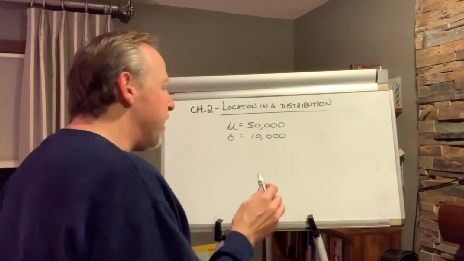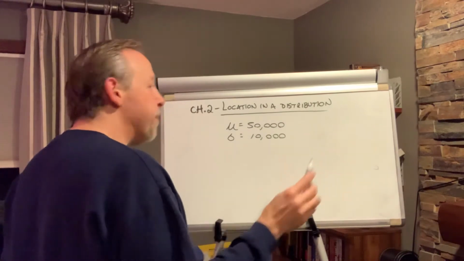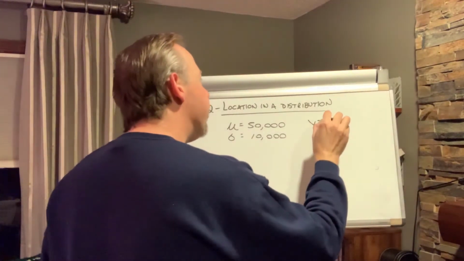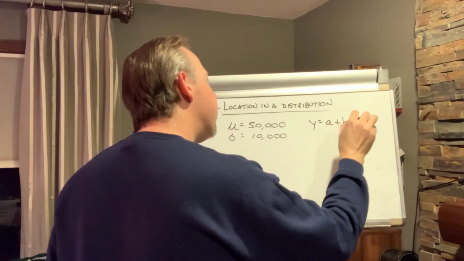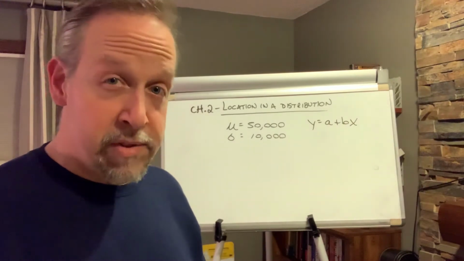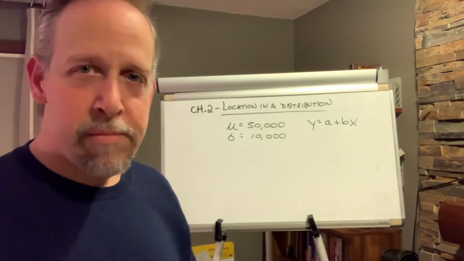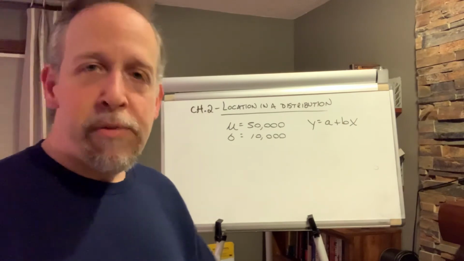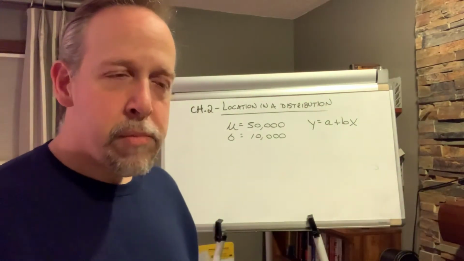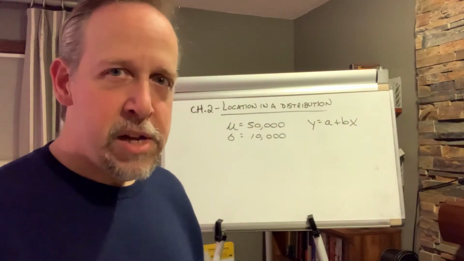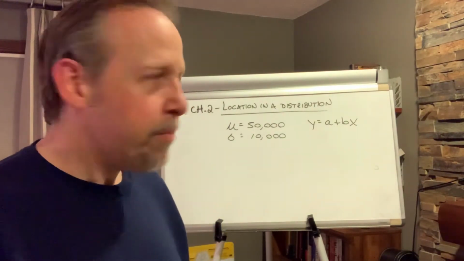So let's say on a given year, we're just getting a bonus. It's a flat increase. Now, if I have y equals a plus bx, and I'm giving a flat increase, which value is that, the A or the B or the Y or the X? Well, hopefully you understand that a flat increase is the A value. Everyone's going to get $5,000 more, but I'm not giving you a multiplier, no percent increase.